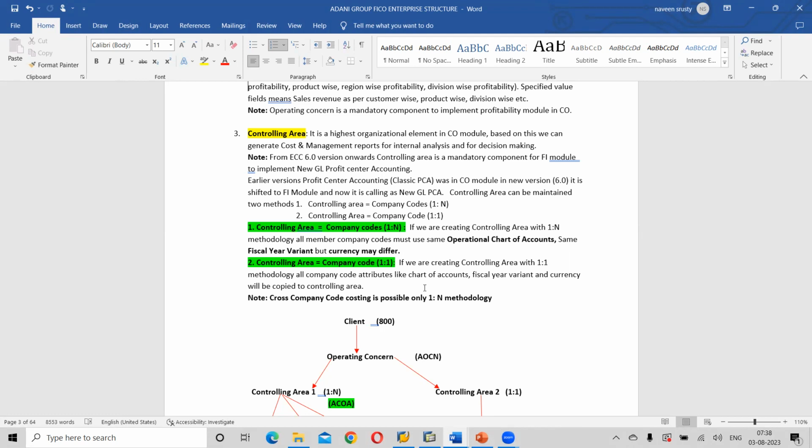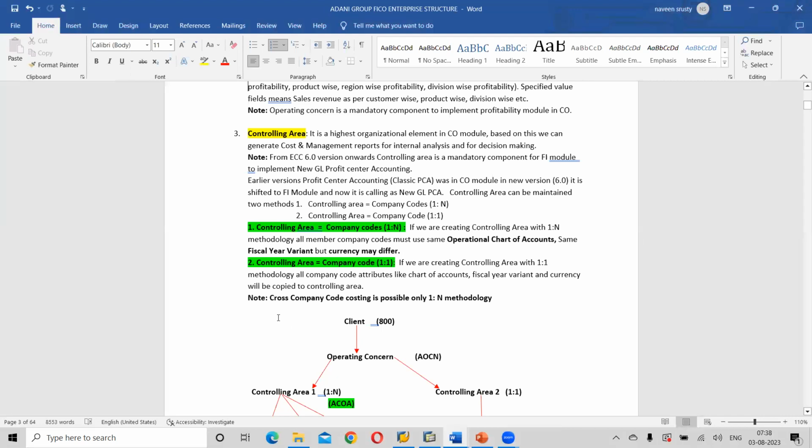Clear? We need to create one controlling area for the Hyderabad company code, one for the Mumbai company code, and one for the US company code. With these separate controlling areas, what can't we do? We can't do intercompany transactions or cross company code transactions.